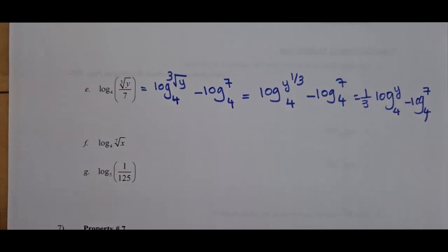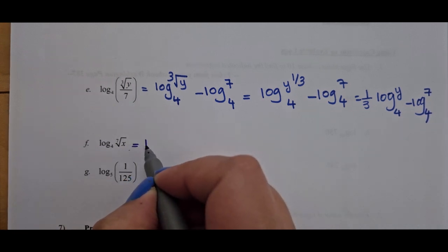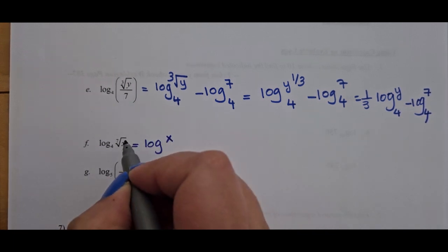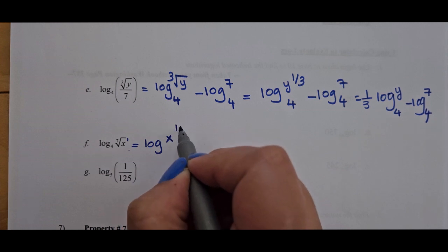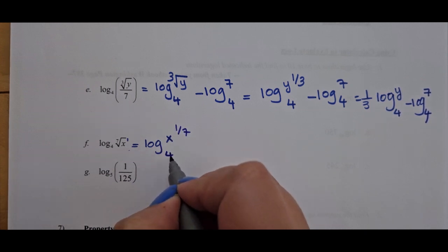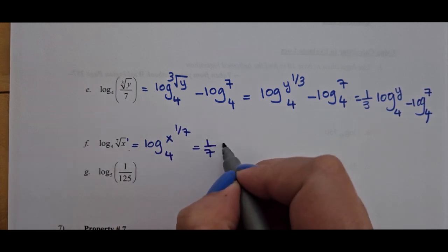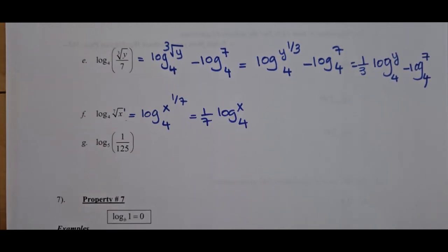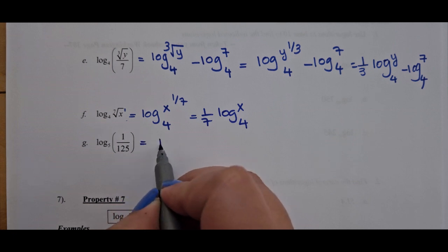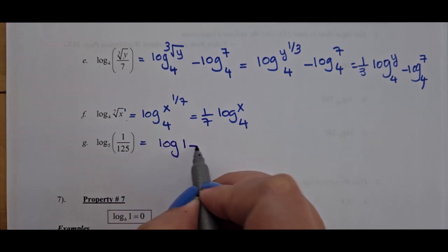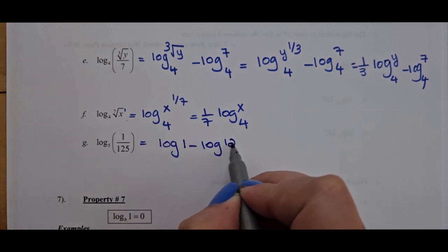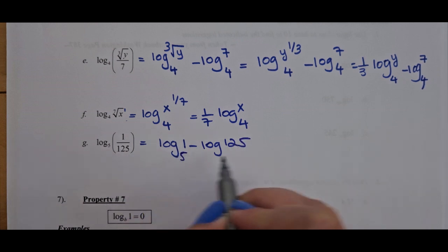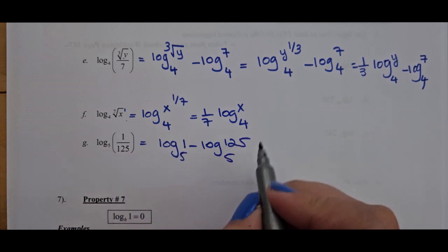So next one, you have log x, 1 divided by 7, to the base 4, so that would be 1/7 log x to the base 4. How about the other one? Here we can write it as log 1 minus log 125, but remember guys, here the base is what? 5.